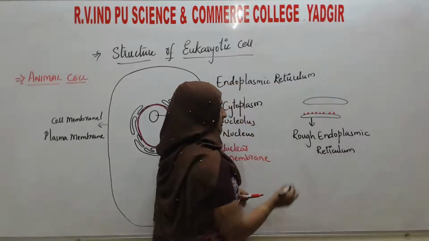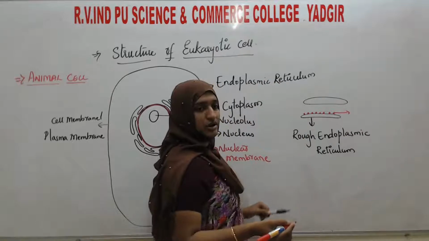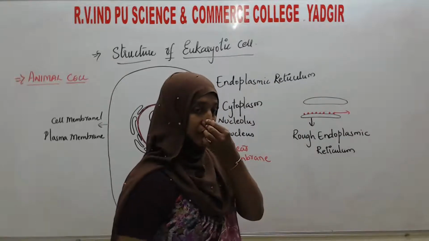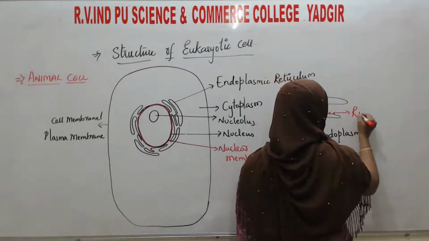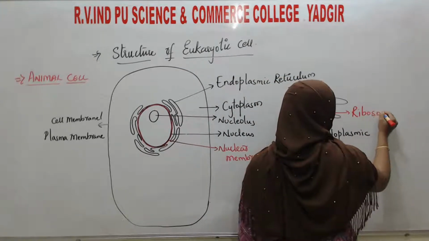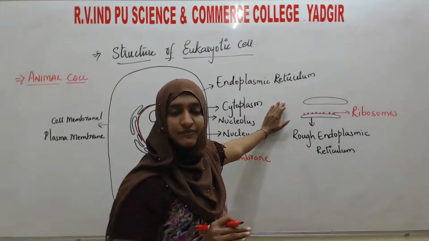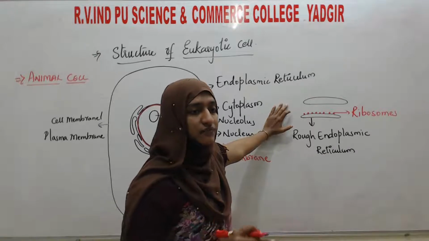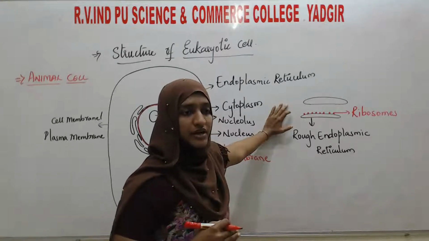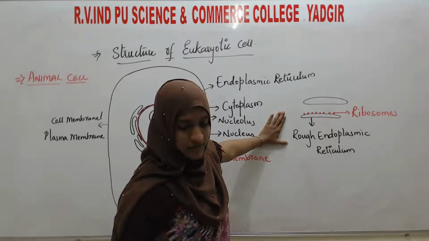If there are ribosomes on the surface of the endoplasmic reticulum, forming a rough surface, that is known as the rough endoplasmic reticulum.